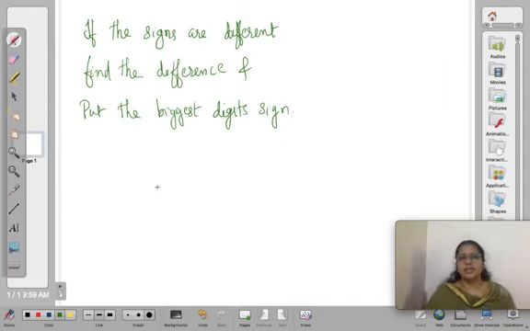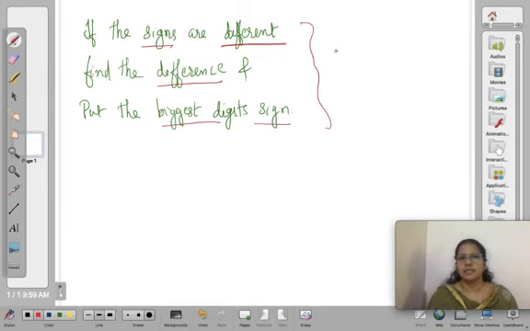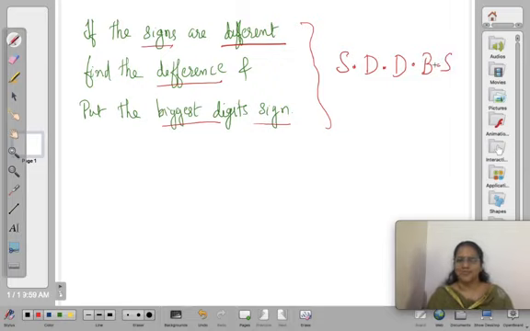So let me take another example. If the signs are different, find the difference and put the biggest digit's sign.